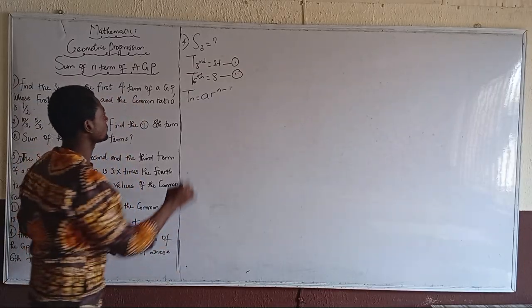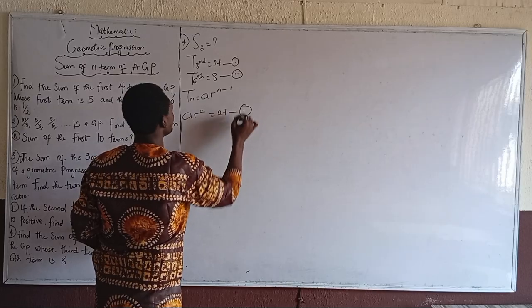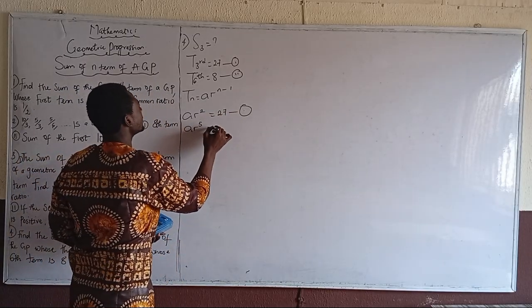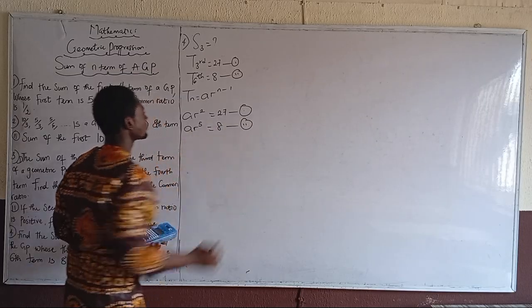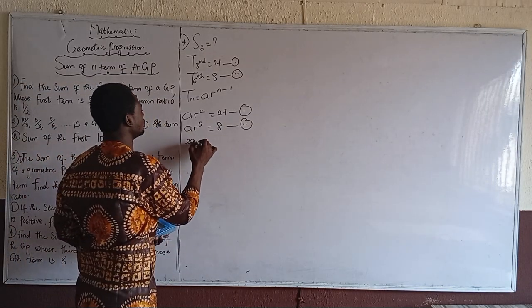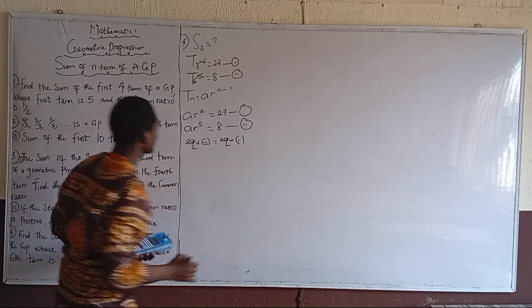So T3 is AR squared equals 27, equation 1. T6 is AR^5 equals 8, equation 2. But it was subtracting by 1. So I'll divide equation 2 by equation 1.